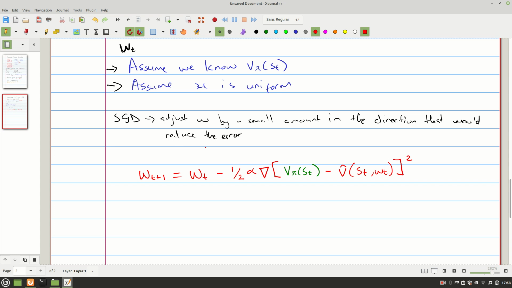And if we actually compute this, what we'll end up with is w_t plus alpha.